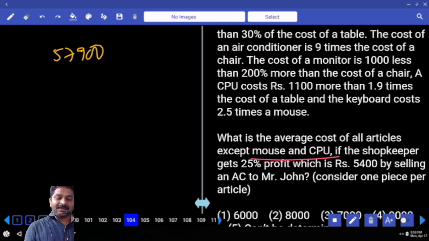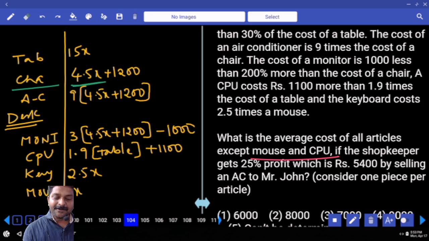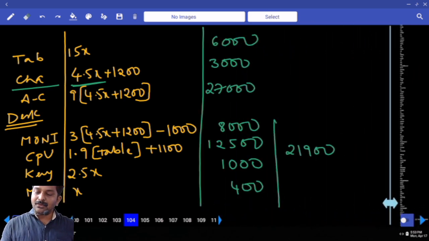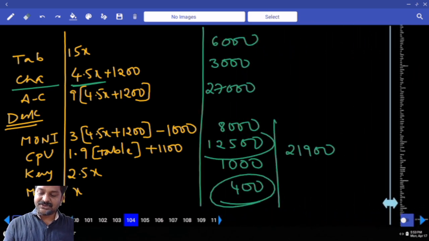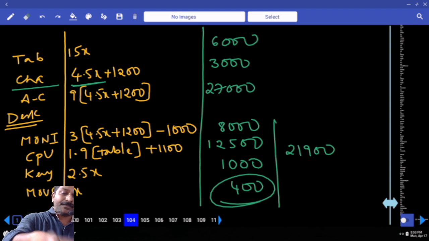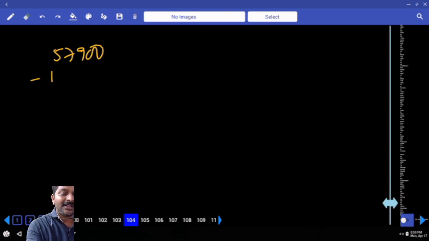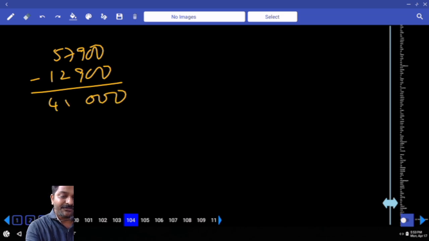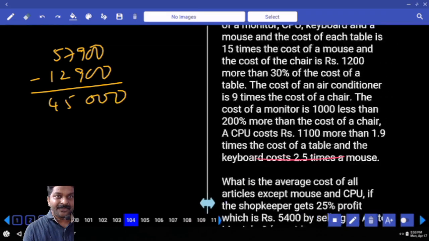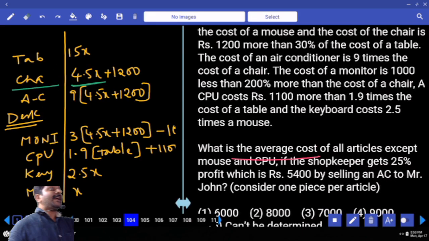So let me subtract mouse and CPU. Mouse and CPU both together are 12,000. So we need to subtract, giving 45,900. Yes, this is the sum of how many items?